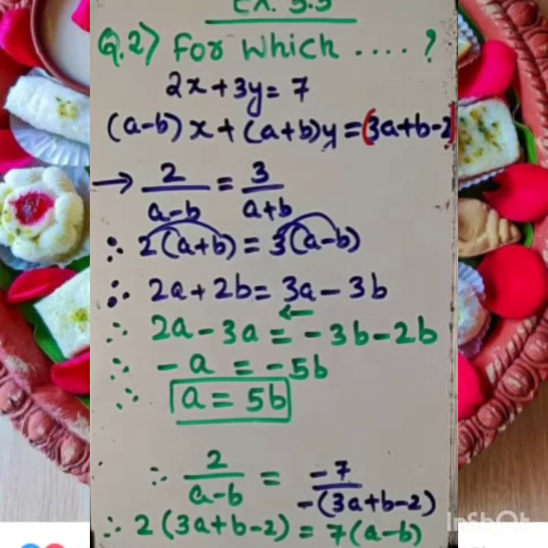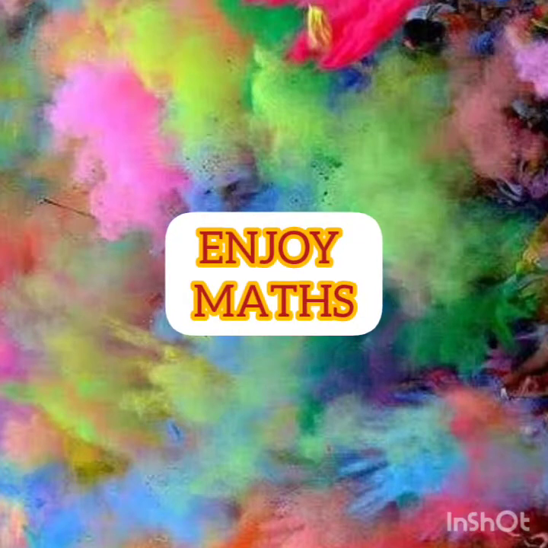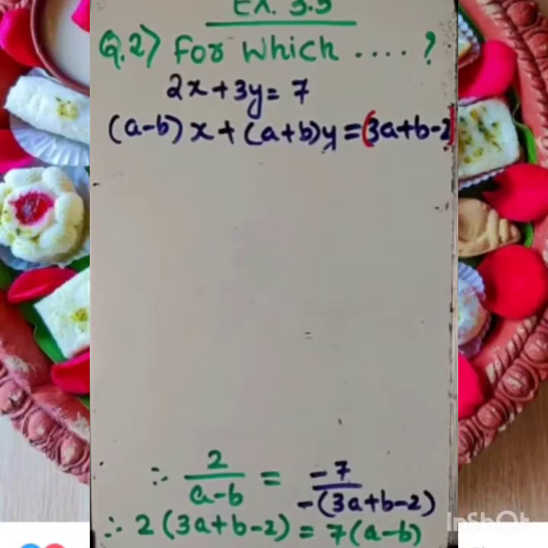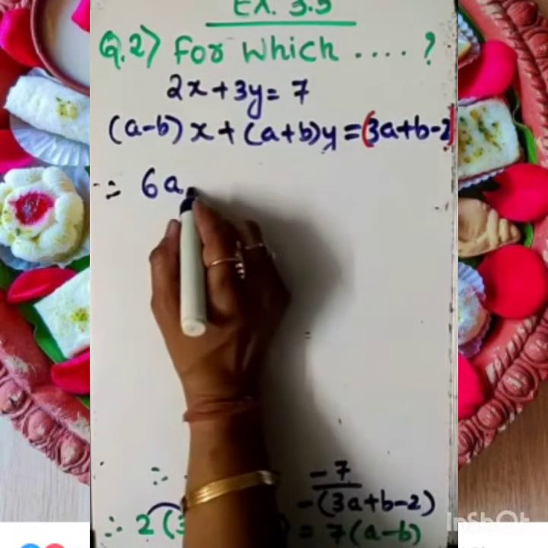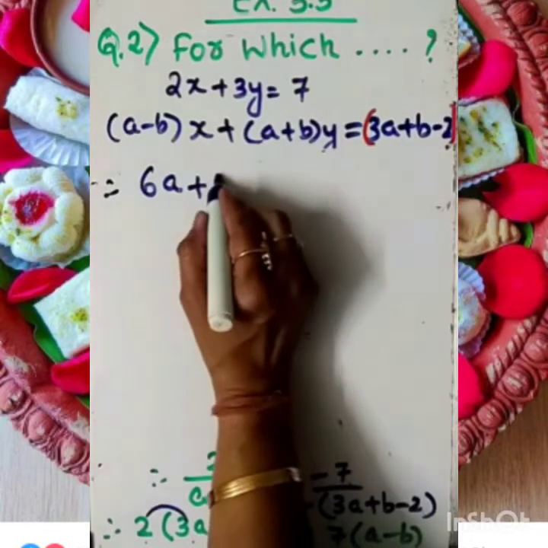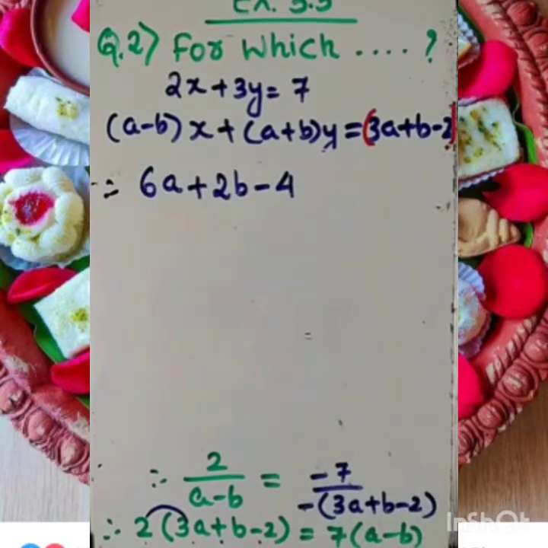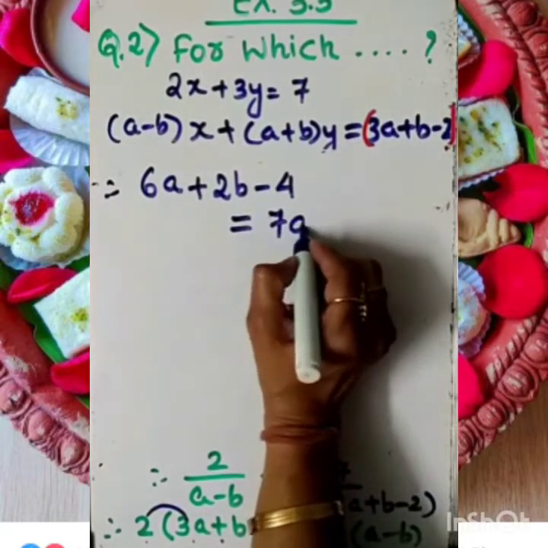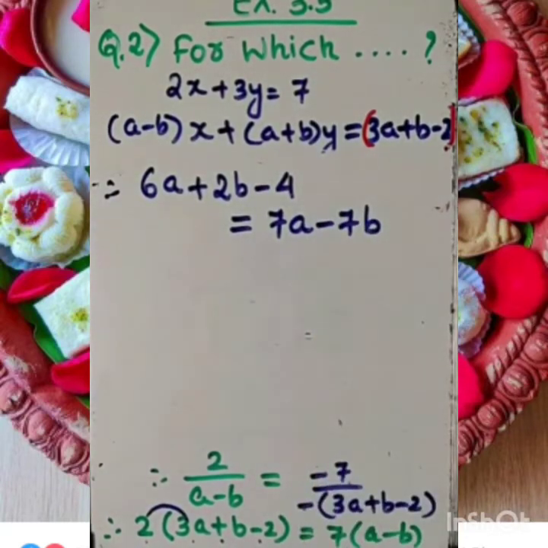Now we are focusing on the simplification of this equation. Let's see what will be the simplification. So 2 into 3a gives the result 6a, plus 2 into b gives the result 2b, minus 2 into 2 gives 4, equal to 7 into a gives the result 7a, minus 7 into b gives the result 7b.